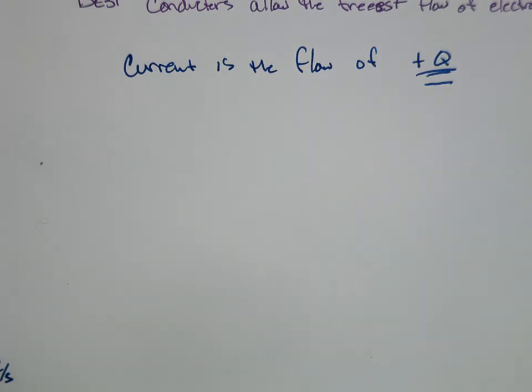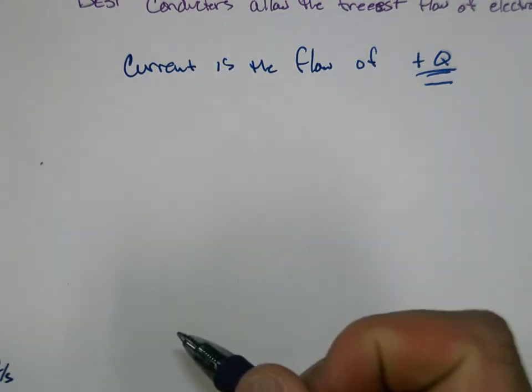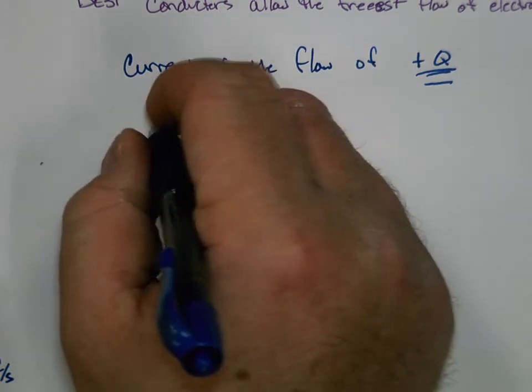Okay, electrons, well, they move a little. It's the flow. Remember, it's the flow of the charge. But electrons are really small. You just need a lot of them, right? Okay, so in fact, you guys have a problem in your book that's going to illustrate this. So we have another wire here.